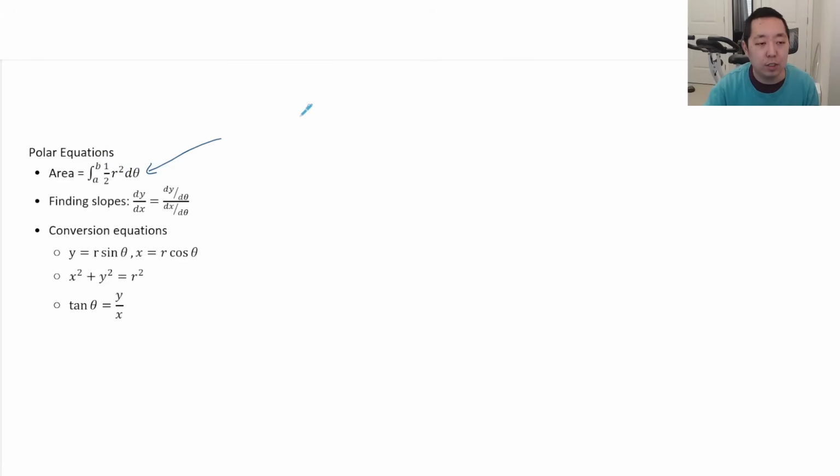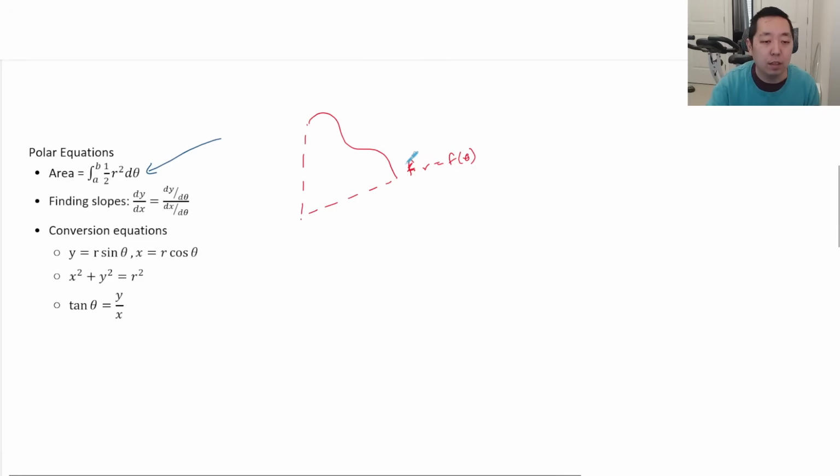And I want to just illustrate pictorially what we mean. So suppose I have a function, r equals f of theta. What they're telling you is r is the distance from the origin for this graph.